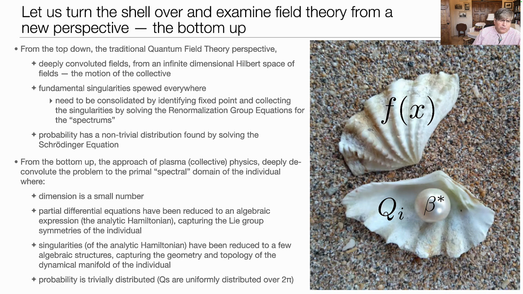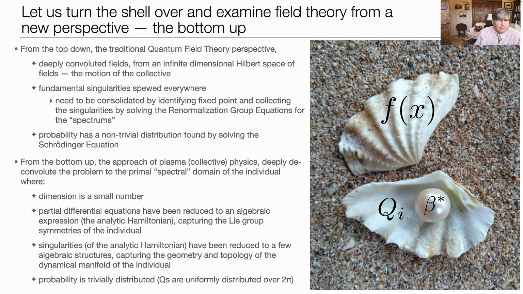And so also, if we are going to have to deal with a statistical distribution and a stochastic system where we're just looking at probabilities, the probability of the collective is extremely non-trivial and needs to be solved by the Schrodinger equation.